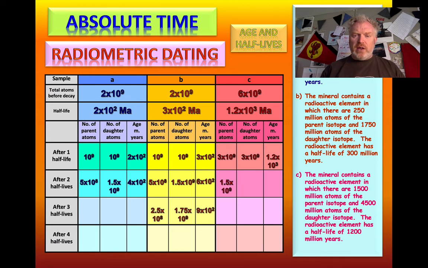After two half-lives, again we halve that, so that's 1,500 million parent, 4,500 million daughter, which is where we are with the description. So it's been through two half-lives, and that's 2,400 million years old.